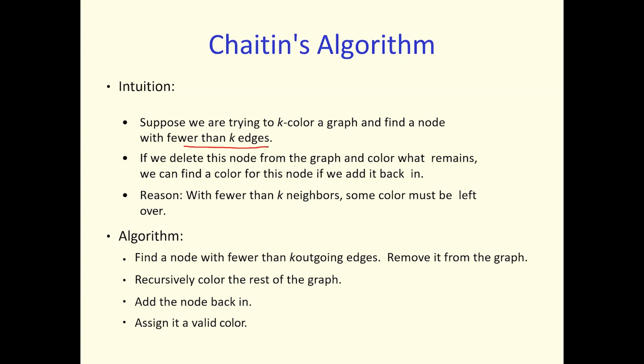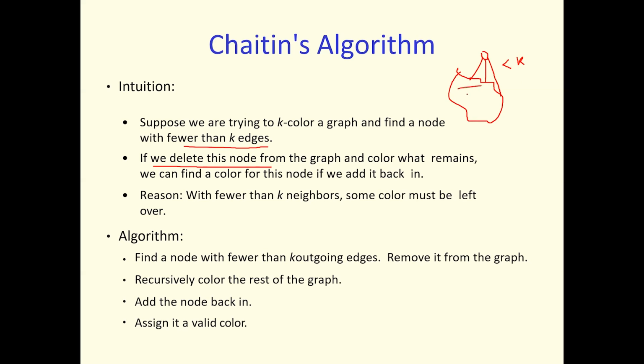Assume, just for the sake of it, you can k-color the graph. Then you can show that even if you delete this node which has fewer than k edges, and suppose you can k-color the remaining graph, so you have one less node and fewer edges because you have deleted one node and its edges, then you can bring back the node. There is this node, and there is the rest of the graph. This node is connected to fewer than k edges.